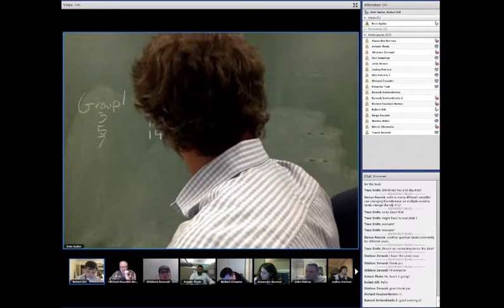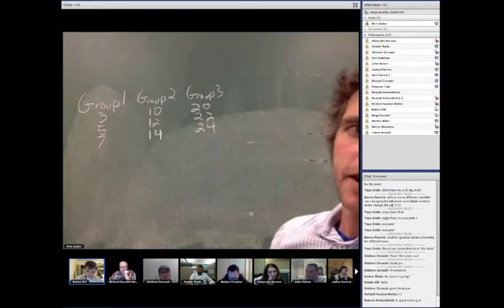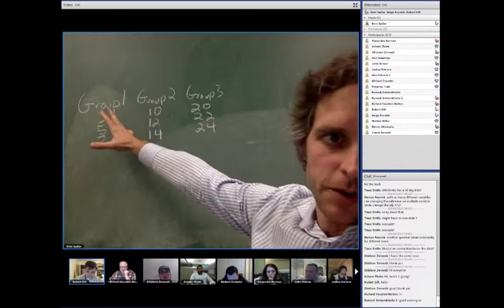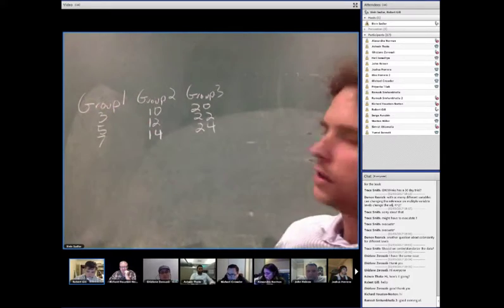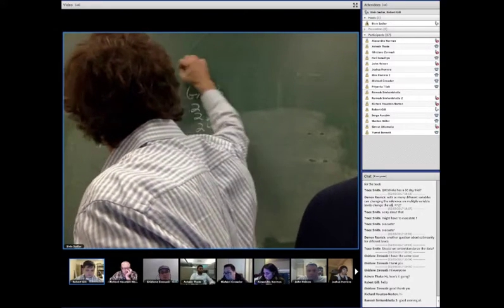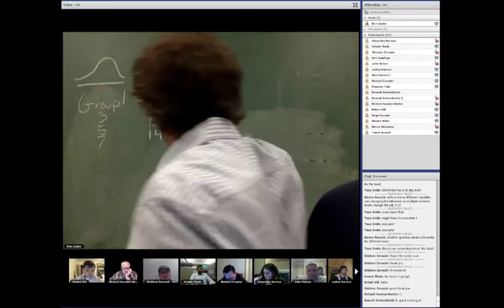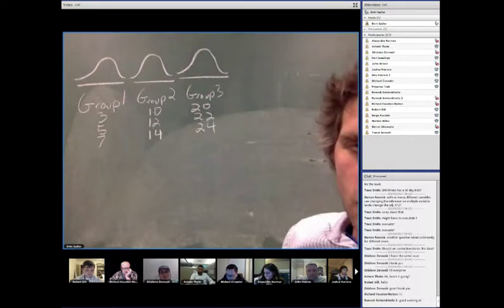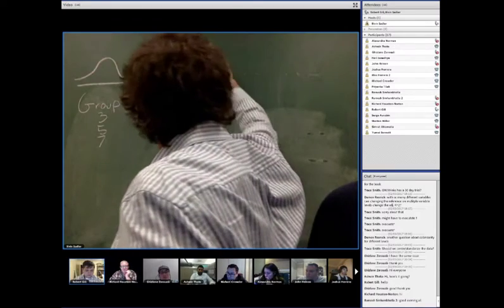Keeping in mind, we're thinking that group 1 has its own distribution, group 2 has its own distribution, and group 3 has its own distribution. Our assumption, and it can be robust to this assumption, but the actual assumption behind the math, is that they're all normally distributed with some mean.